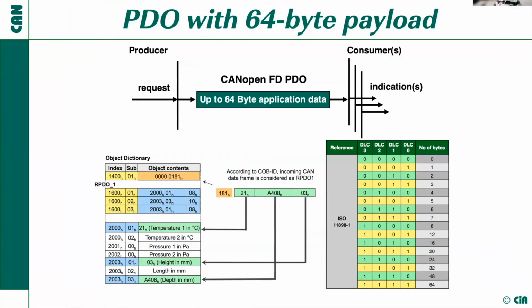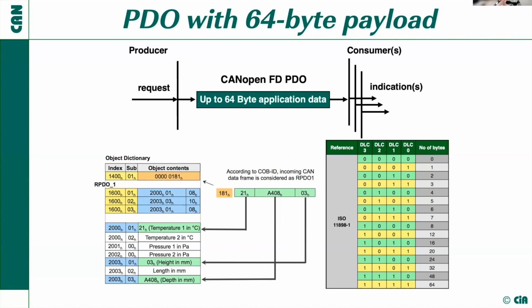So for the PDO, it was rather simple. A PDO works like this: you have a mapping table that determines how many bytes and which ones out of the local object dictionary you would like to transfer, and in the receive direction, the same thing. According to the mapping table, you separate the received data stream and place all the pieces according to the mapping table into your local object dictionary.